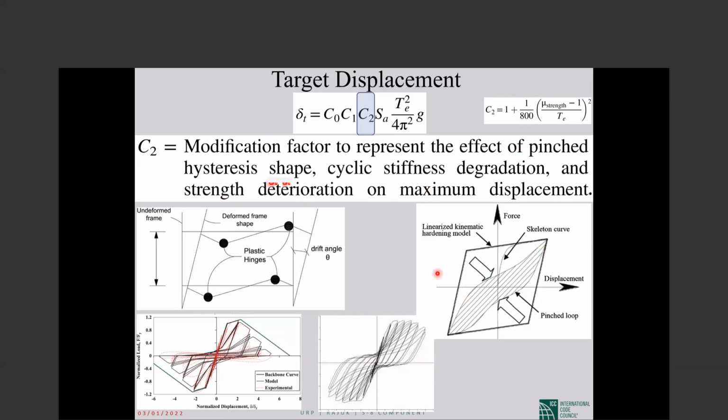The effect depends on the number of cycles. If the plastic hinge goes through just one cycle, the difference between good and bad is not as much as if they go through many cycles, because then the difference will be much more.